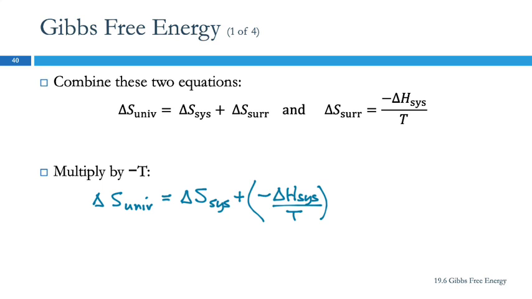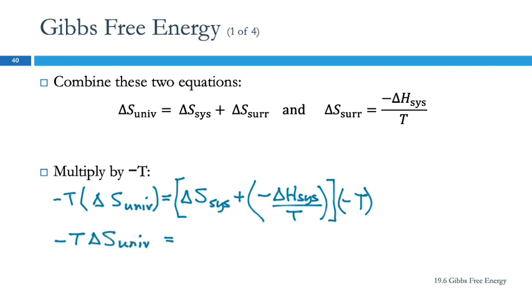Multiply by negative T. So we're going to multiply both sides by negative T. So on the left, I get negative T delta S for the universe is equal.